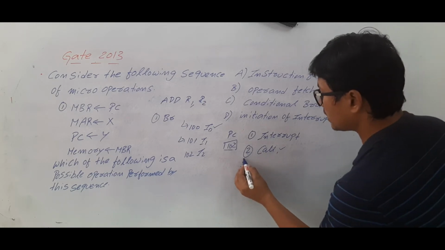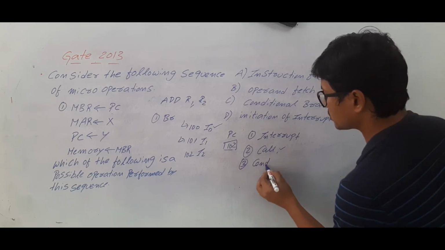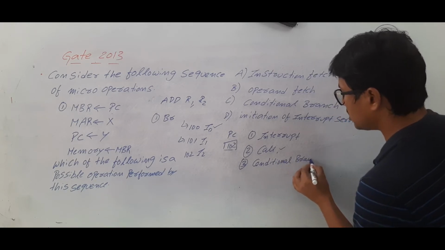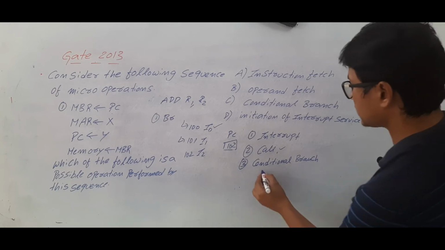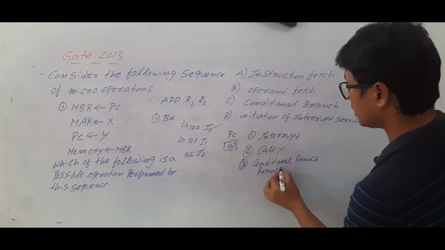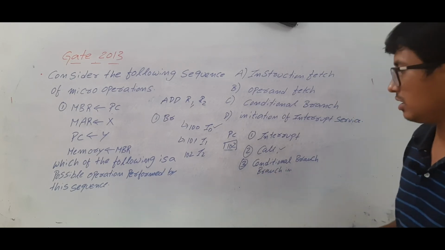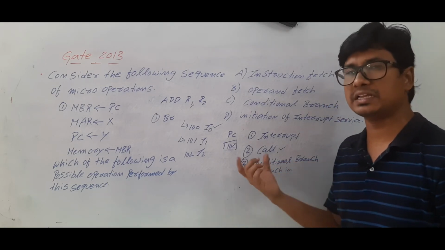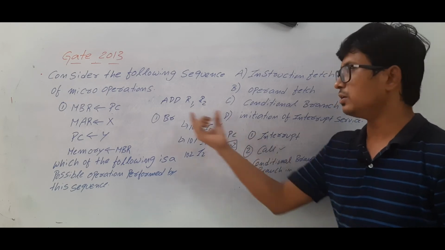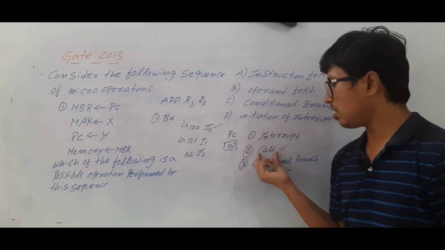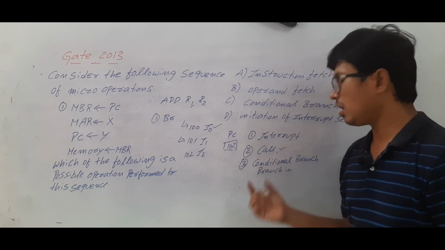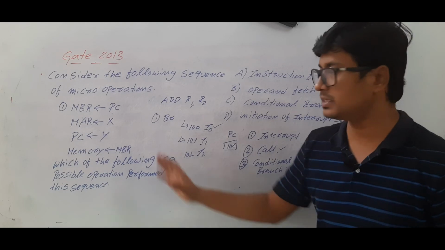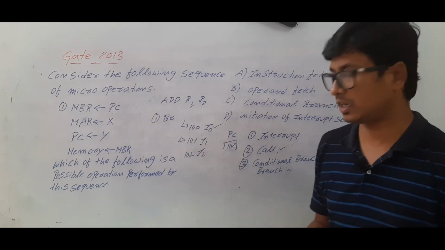Whether it is a conditional branch or a normal branch, I am calling it a branch instruction. Let's take that these are the possible ways. Whenever it is an interrupt, a subroutine call, or a branch instruction, only then will we update the program counter value, meaning some other value, the target address, will come.